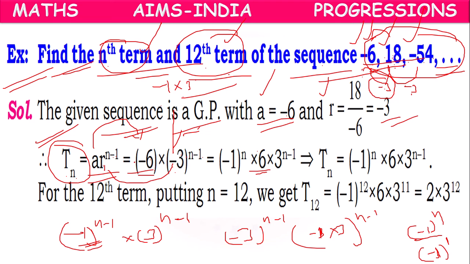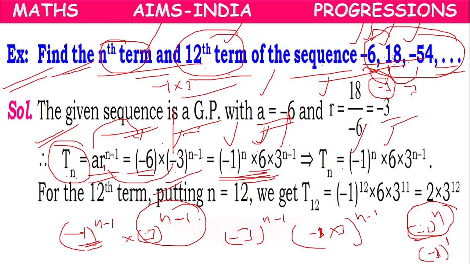The minus and minus cancel, and it becomes 6. Minus 1 whole power n will remain, and 3 power n minus 1 will remain. So the nth term is minus 1 whole power n, 6 into 3 power n minus 1.